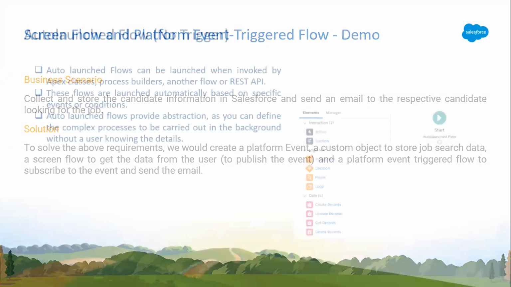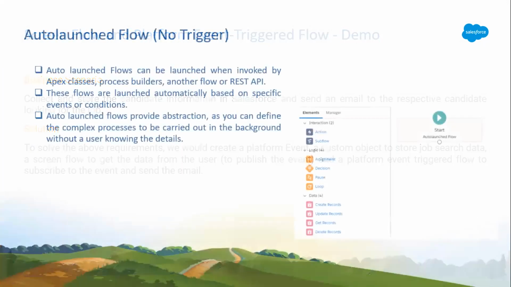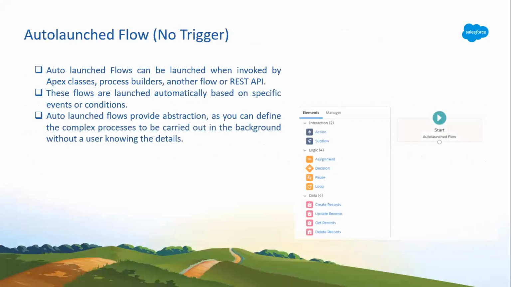So after the platform event triggered flow and the screen flow, I have added the auto launch flow because for my next demo, I'm going to show how we can use an auto launch flow with the record triggered flow. The auto launch flow cannot be invoked by itself. It can be invoked by any other Apex class or a flow or API callout, and also by using a process builder.